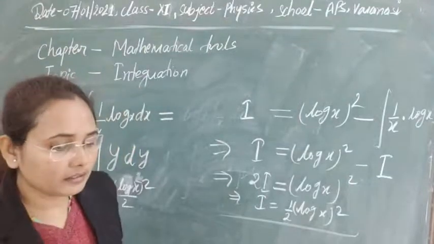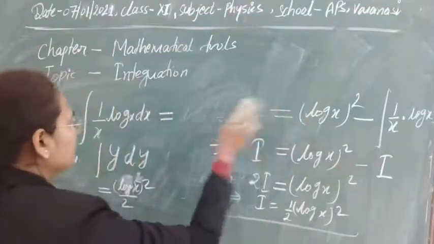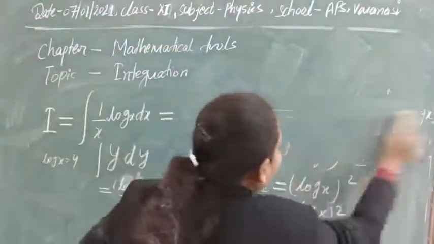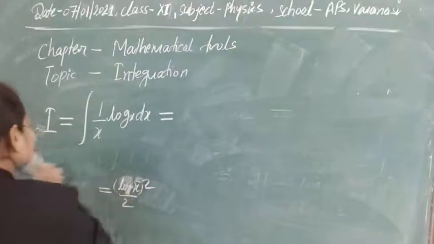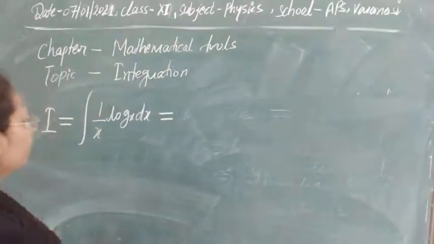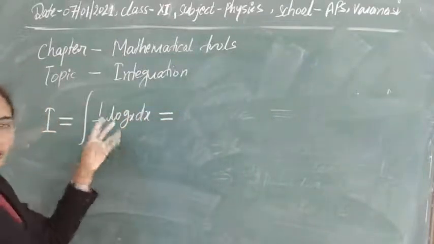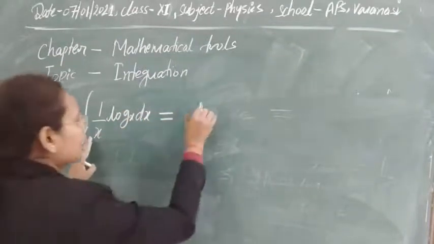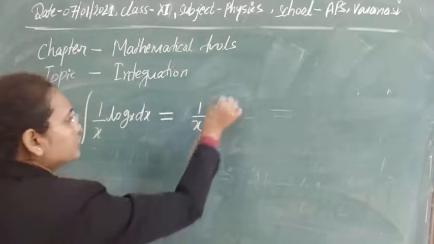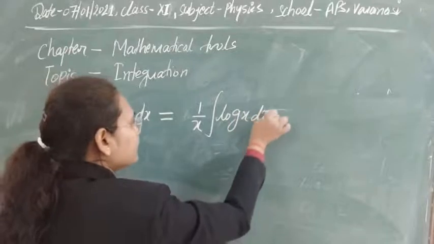If you take the second function, then what is the difficulty there? As this is a function, in the first case we have taken log x outside, and now take 1 by x outside, and now just take log x as the integration part.